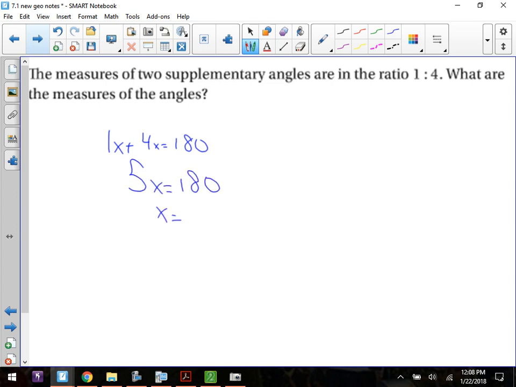Divide that out, I think you get 36. You get 36 for one of them, I believe. So if one angle is 36, the other one would be 4 times that, which is 144. Again, it's just using some definitions of things that you saw before, supplementary, complementary, and now putting it in this idea of using what's called a ratio.